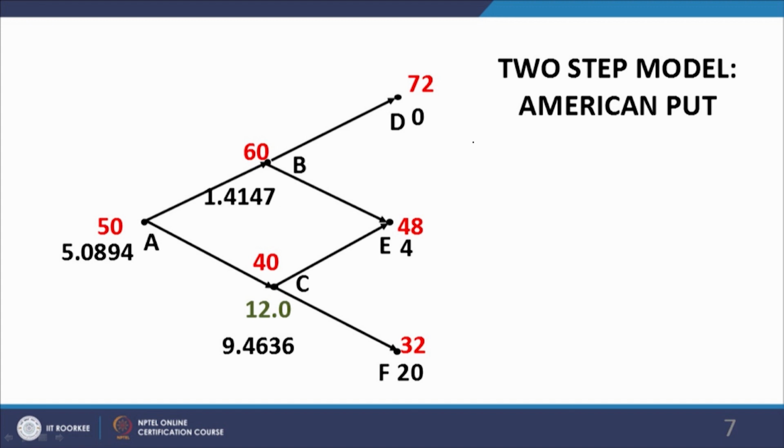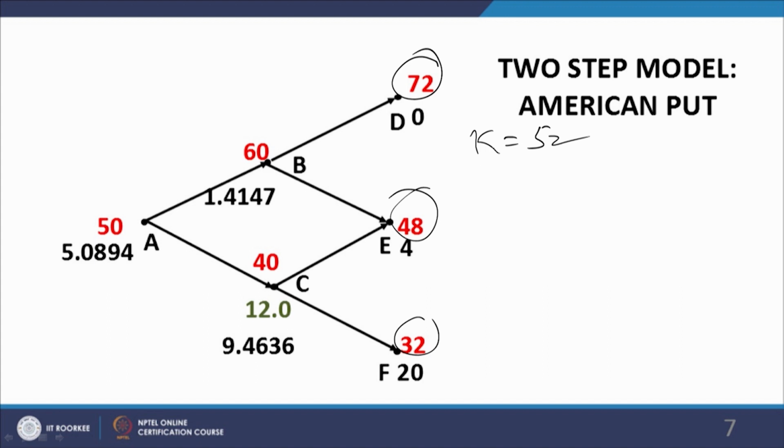Now, this is what we calculated in the previous example. These were the stock values in red at the terminal nodes, and corresponding to these stock values, because it is a put option, the payoffs were given at the node D by 0, because recall that the exercise price K is equal to 52. If the stock price is higher than the exercise price, the option will not be exercised and the payoff will be 0.